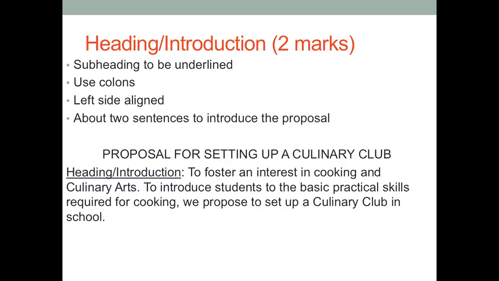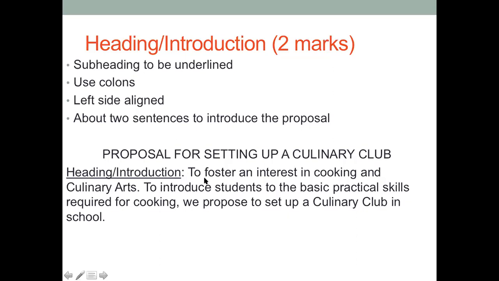So if we look at the first topic, your proposal for setting up a culinary club. After that, you leave some space, and from the left side, you write heading or introduction and simply underline it. This need not be in block letters. Use a colon here, and then you are going to introduce why you are setting up a culinary club.